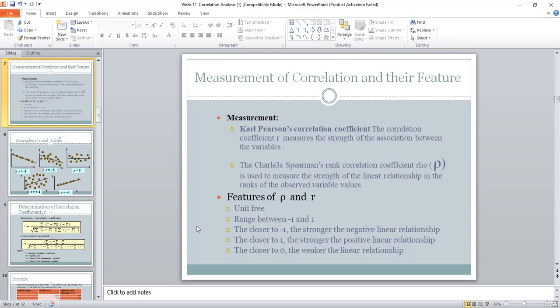In some textbooks, it's just called correlation coefficient, but we want to differentiate because there are others. This R is appropriate when the level of measurement is of ratio type or ordinal.